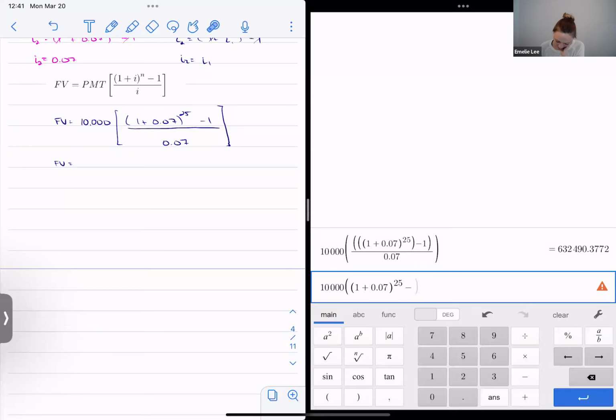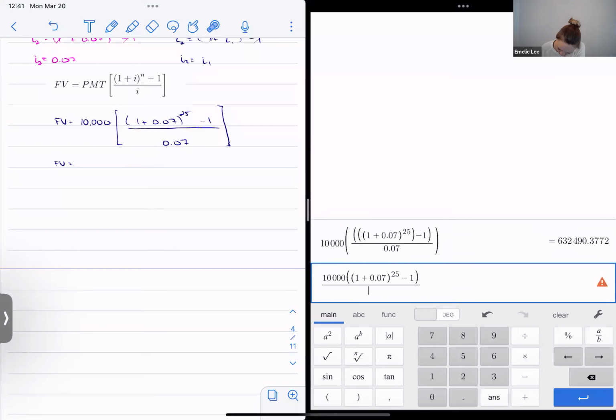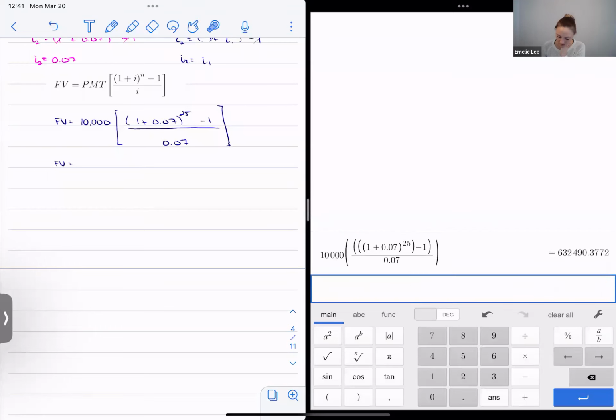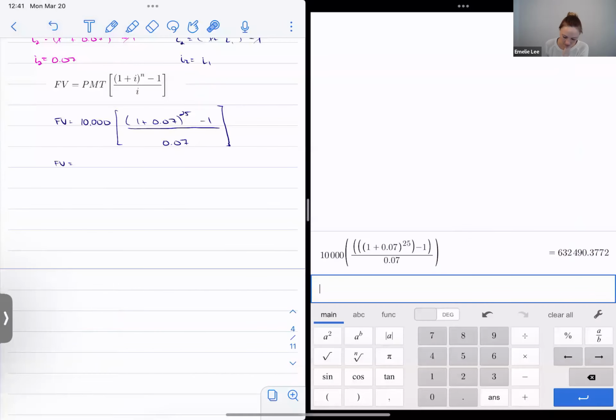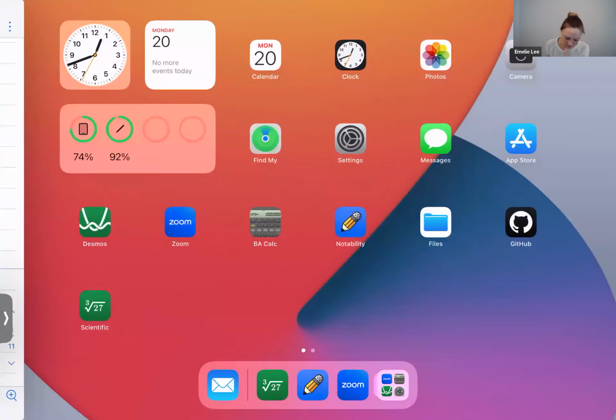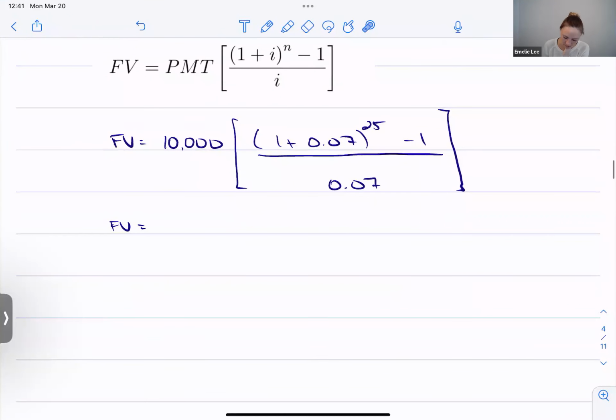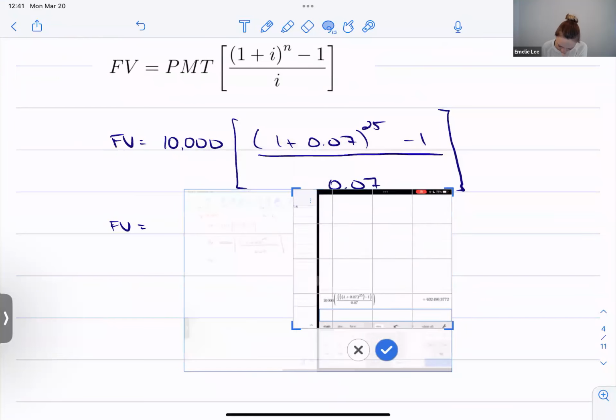Okay, so it didn't work, but actually it does work because of multiplication, but I'm going to clear that one, because I want you to be careful with your brackets.